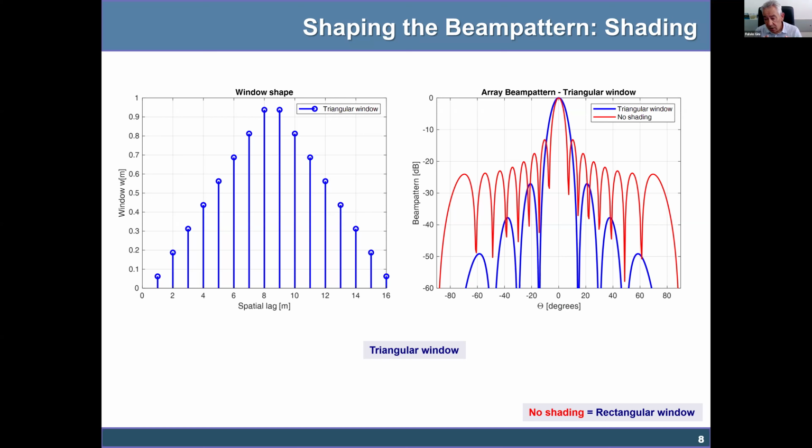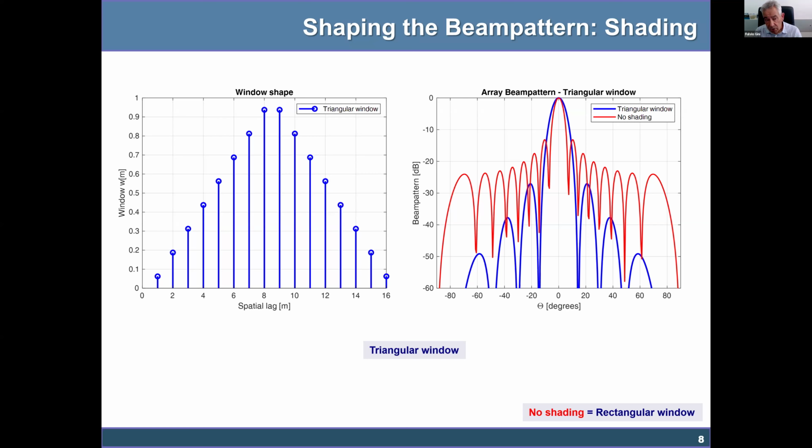It depends on your application whether it is more important to reduce the masking or to achieve the best possible resolution. If you want to achieve the best possible resolution, you should not use the shaping. You should not use any window.